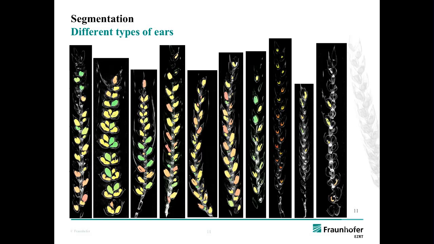But also for the really small seeds, we detect every seed in there. So what we did is we threshed the ears afterwards, counted the seeds, weighed the seeds to see how good the algorithm is working. And yeah, as you can see, it also doesn't matter if the ear's not straight, and even more bent ears can be measured with that algorithm.